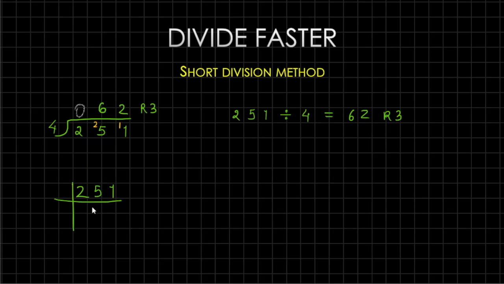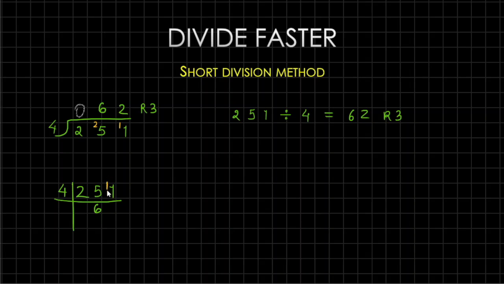Okay, so how it will look now is, here is our divisor 4. So 4 goes into 2 0 times. Then I have 2 left from here because I haven't subtracted anything from 2. So now I have 25. 4 times 6 will give us 24. If I take away 24 from 25, 1 is still left.